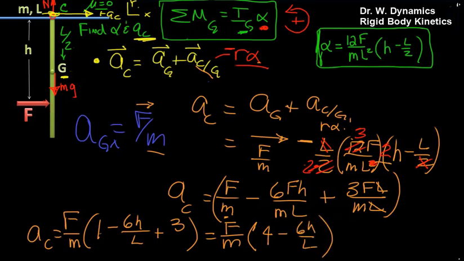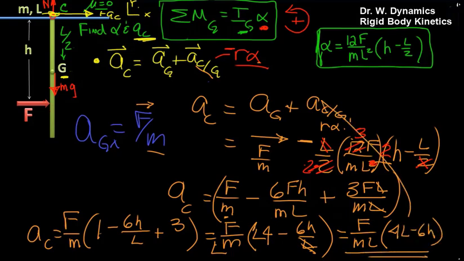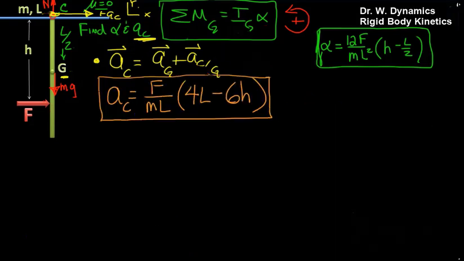And let's not have a fraction in here. If we pull this L out here, we end up with F over ml times 4L minus 6h, which I'll write up here, where that's our solution now for a sub c, and this will be our solution for alpha.